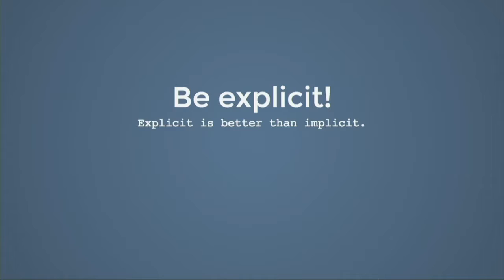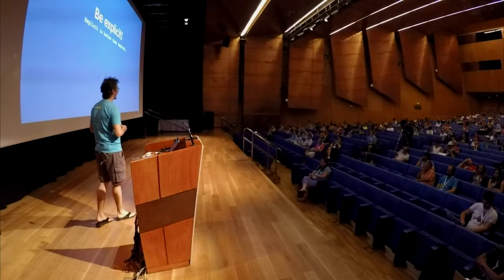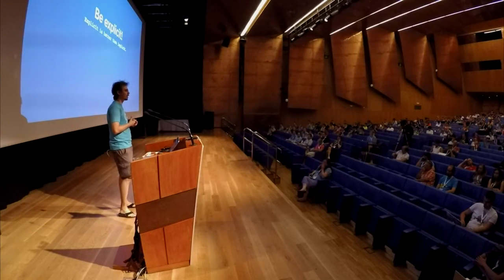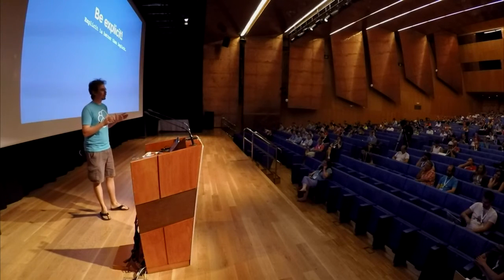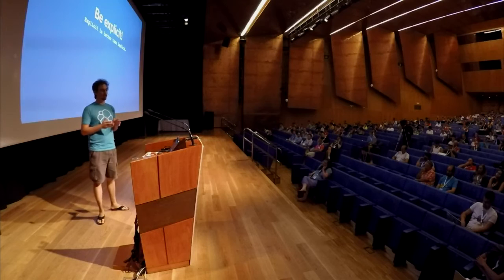And that's sort of the embodiment of another line of the Zen of Python. Be explicit. Explicit is better than implicit. So while I hid away a lot of the complexity, I didn't hide away the crucial parts. And that's sort of the very important decision, what to hide and what not to hide.